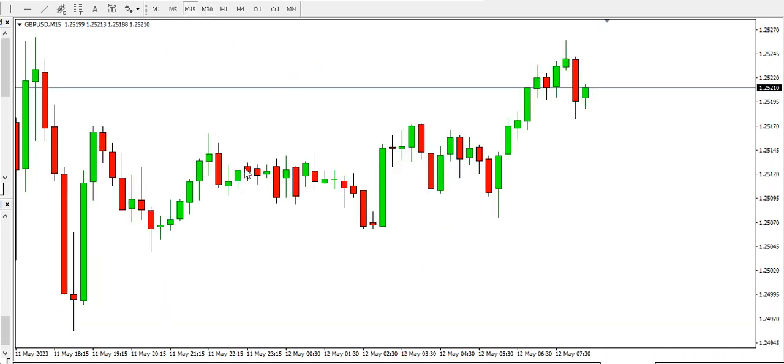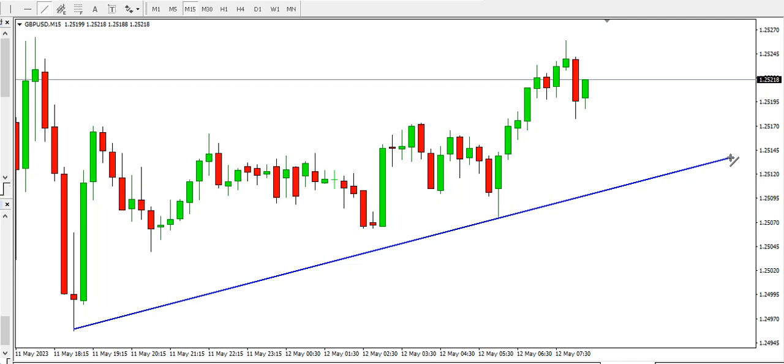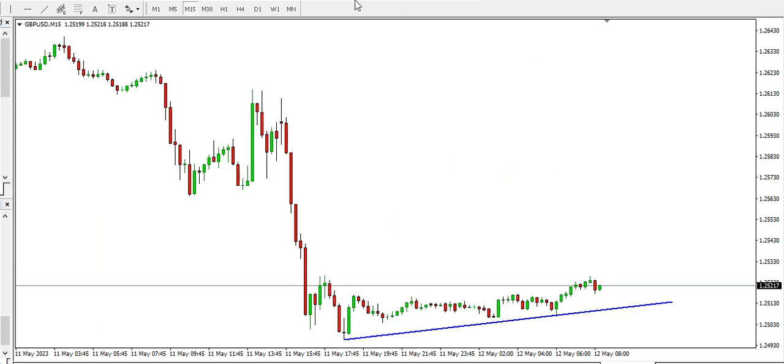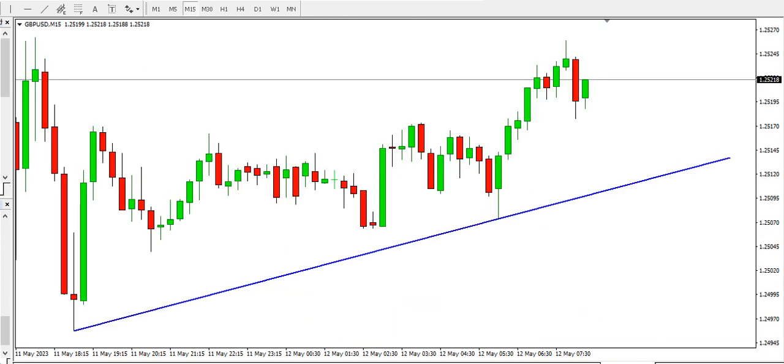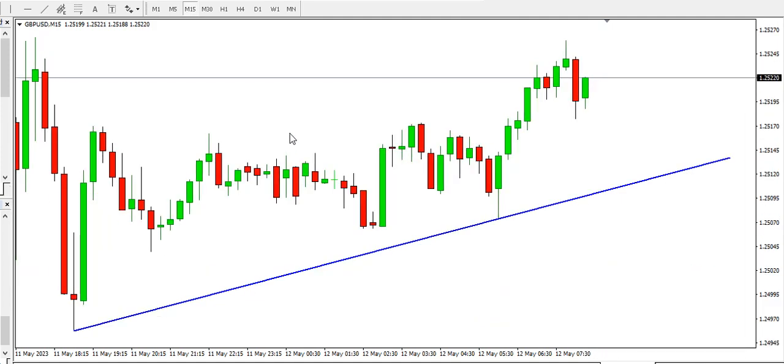On the 15 minutes time frame, we can see the bulls trying to push price up. We have an ascending trend line on the 15 minutes time frame. I think the market is anticipating the GBP news that will be coming up at the early hours of the London market session.